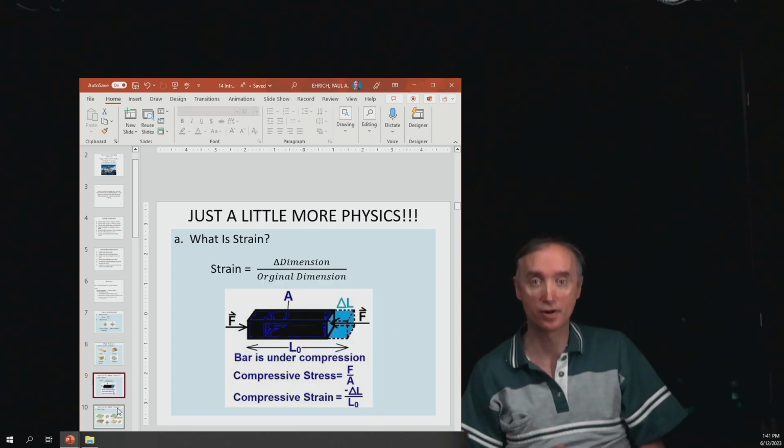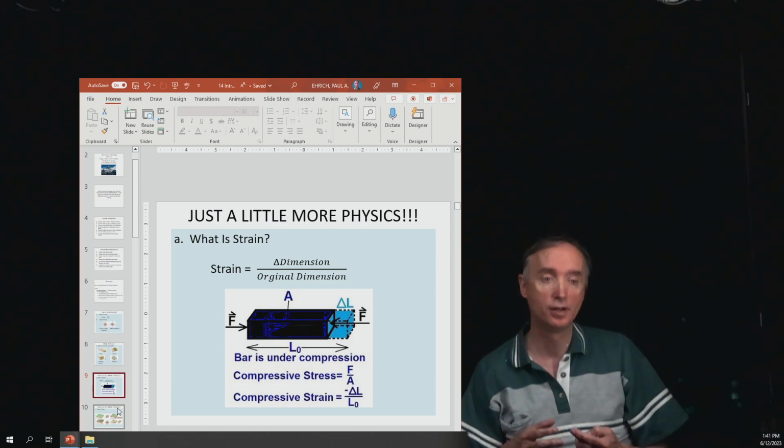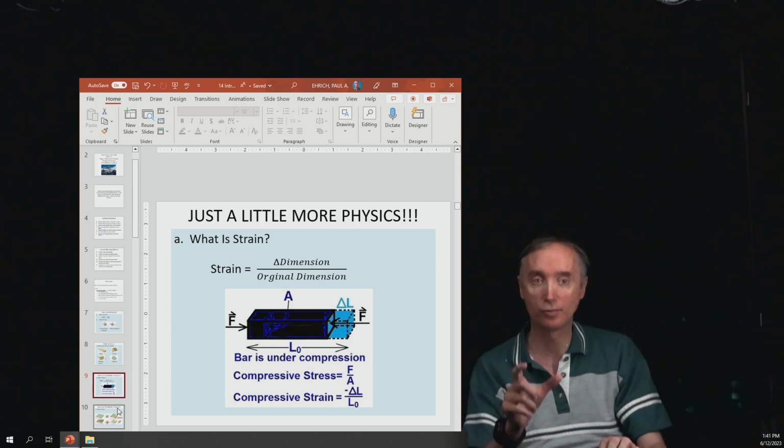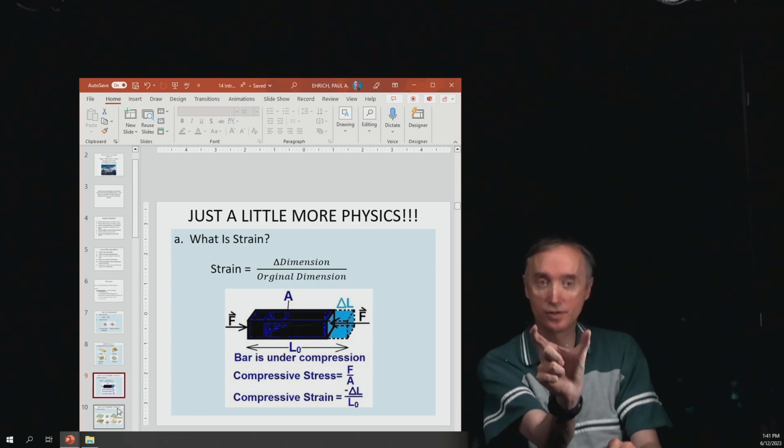So what is a strain? Strain is related to how much the shape of the object changes. It's the change in the dimension of the object divided by its original dimensions. So if you have a rock that originally was this big, now you squeeze it and now it's this big.